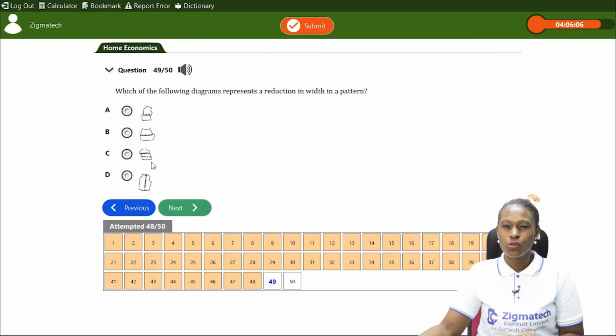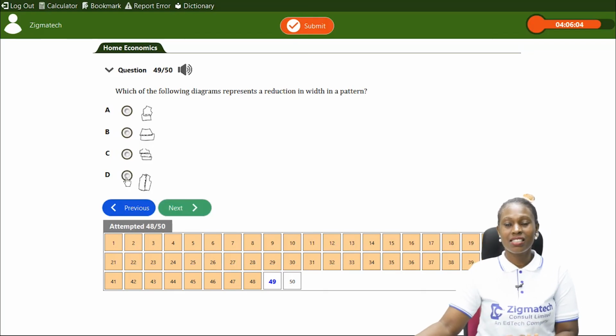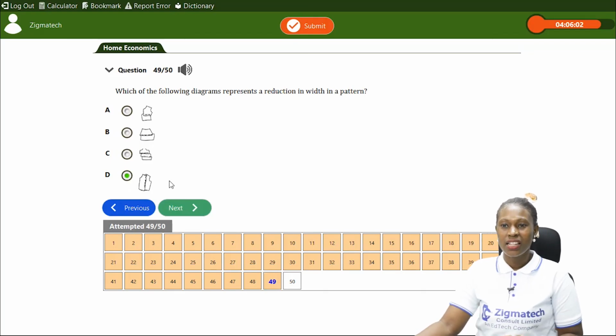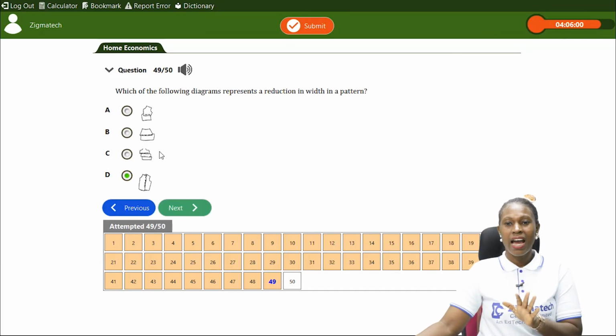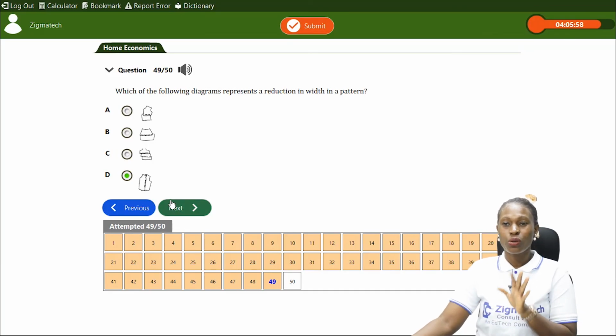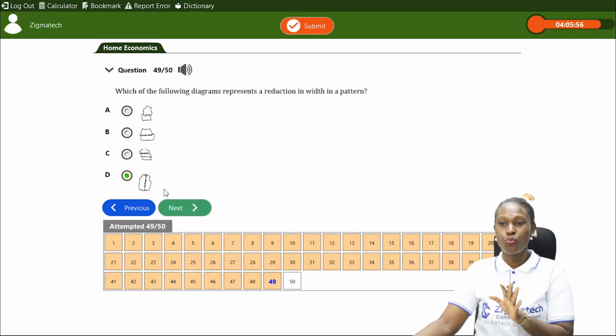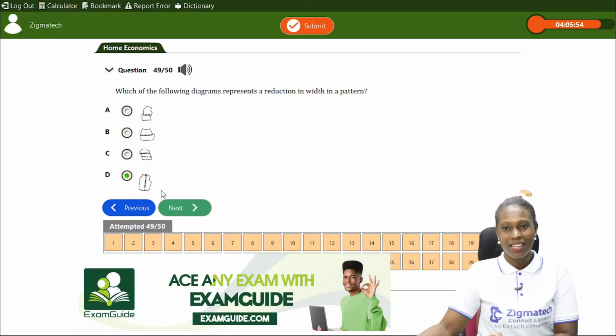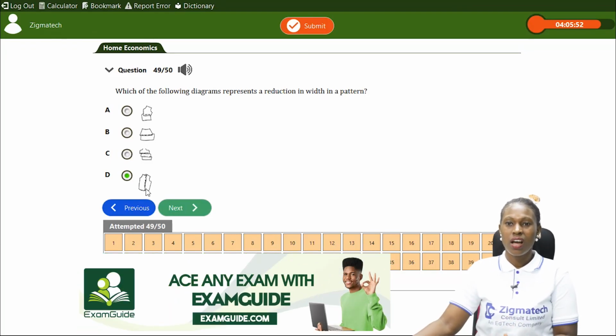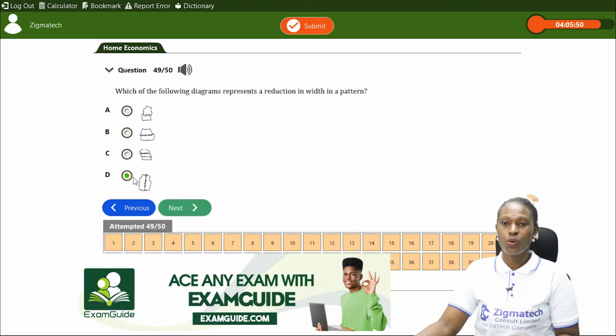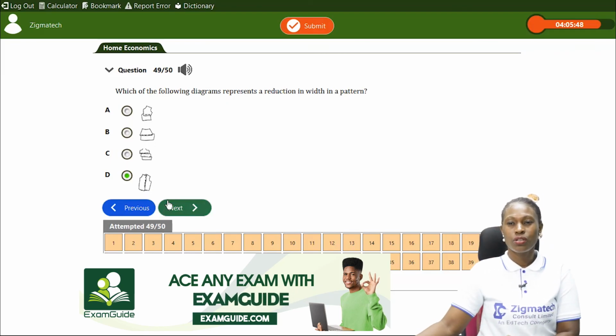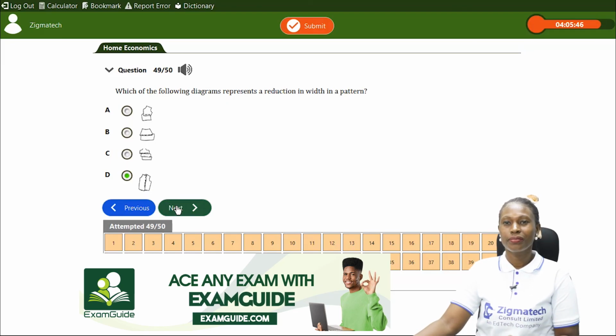A, B, you look closely. Now D is the right answer. This diagram illustrates that there's a reduction in width in a pattern. This is the answer for this question. And now let's move on to the next question.